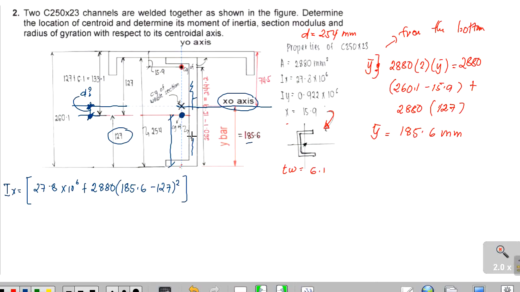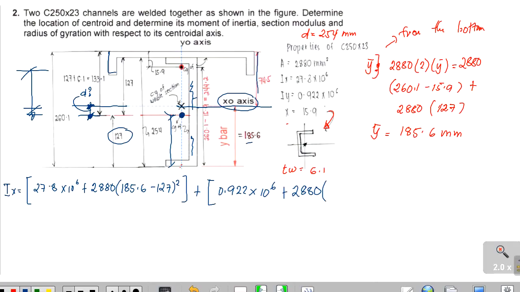For the rotated C channel, we have plus our moment of inertia, that is 0.922 times 10 raised to 6, plus the area, 2880, times that distance. This is the distance of the centroid of the rotated C channel from the centroid of the whole section.